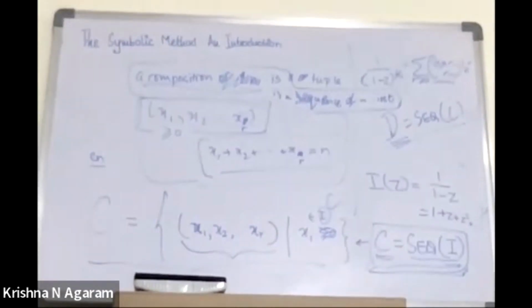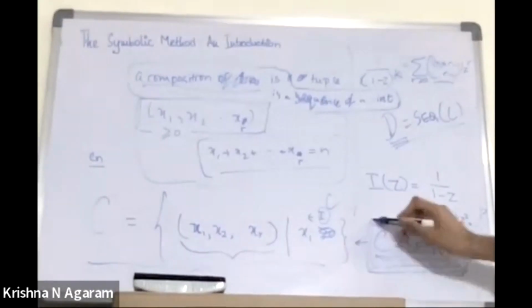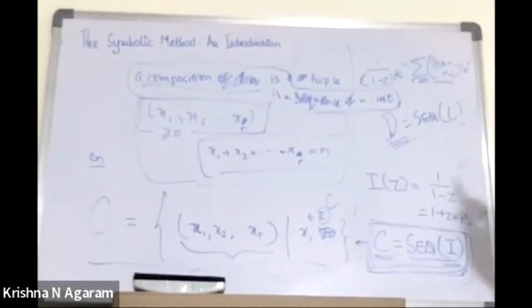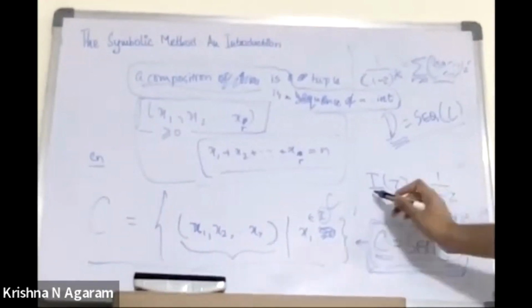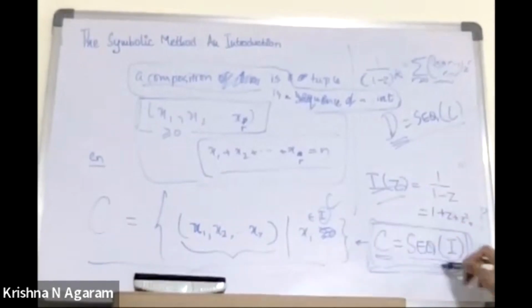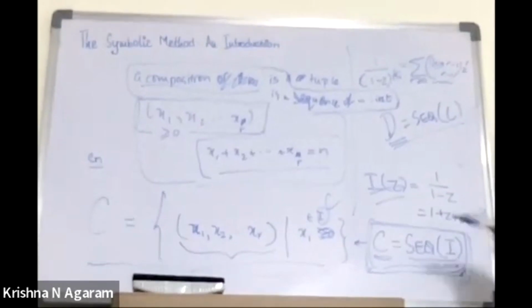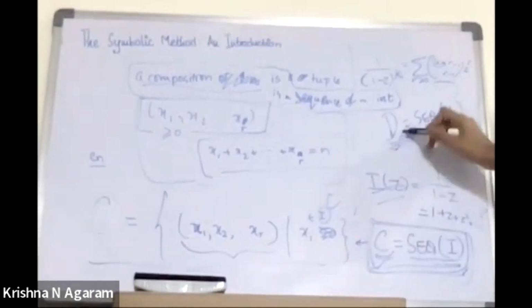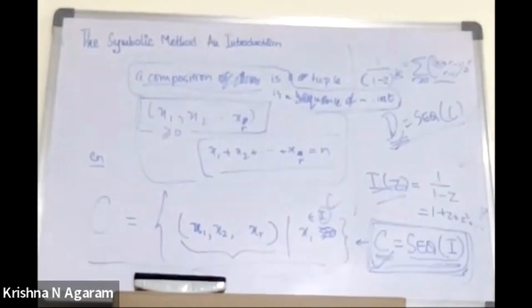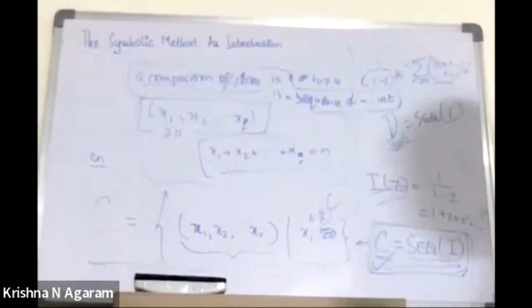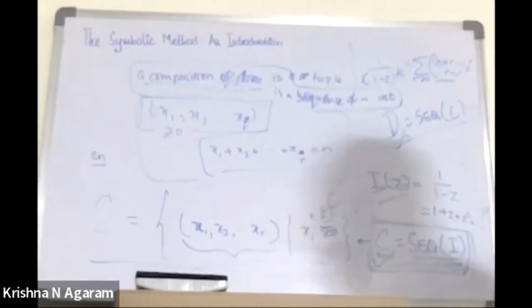Instead of I, this will just be C. So you see that the English tells you what this is, and then you can let generating functions do the rest of the work for you. You know what sequence means, like how the generating functions come, and then you will get the generating functions for C or D or whatever. That's the general idea of it. Is that clear?